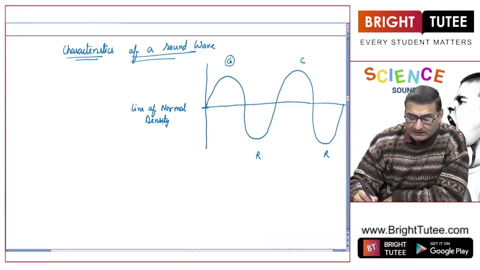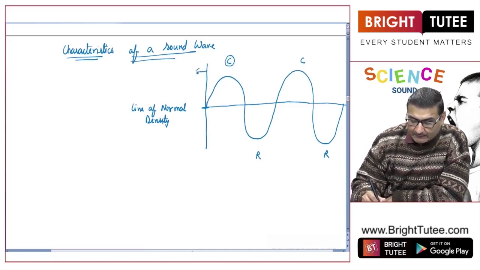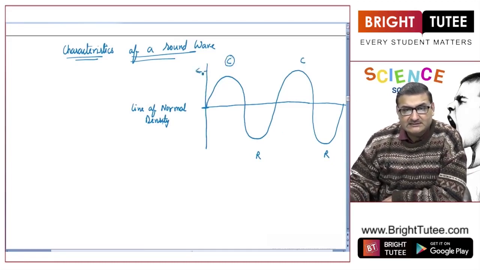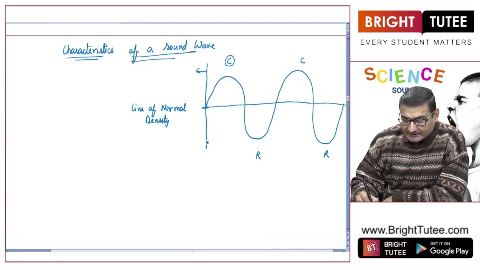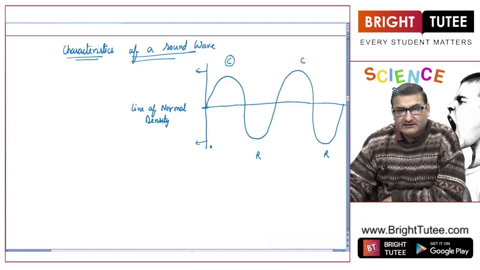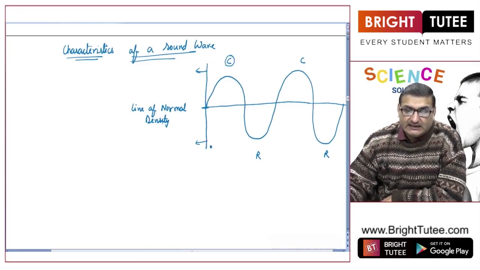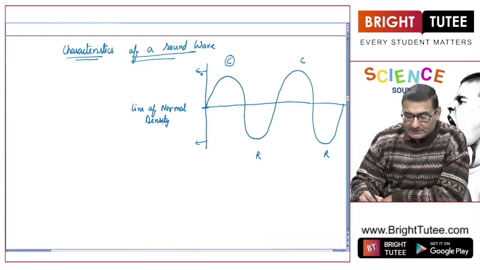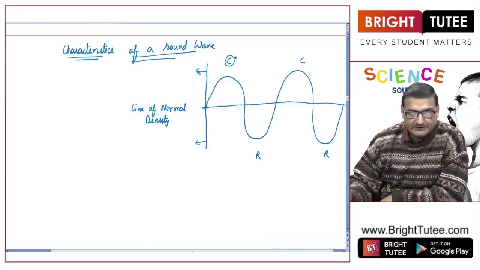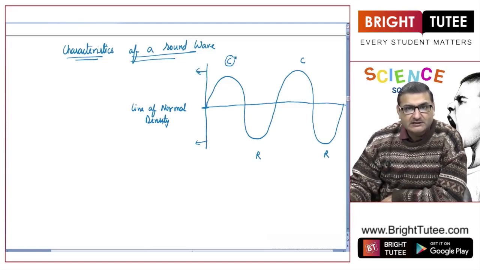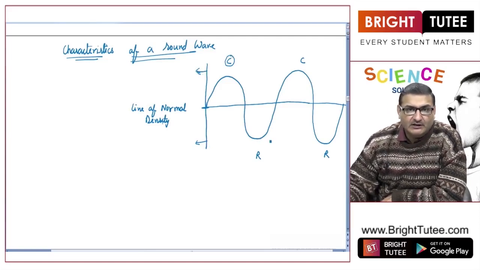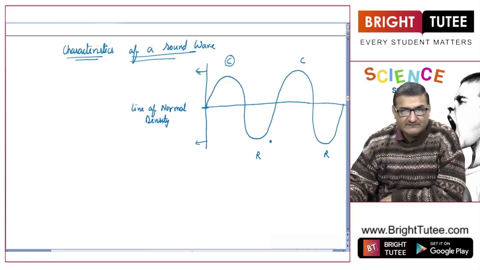Compressions are where the density is above normal because the particles are compressed, and rarefactions are the areas where the density is less than normal, that is, the particles are a bit apart from each other. We also call compression a region of higher pressure, because the particles are closer and the pressure exerted will be more, and rarefaction a region of lower pressure. This all we have studied earlier.